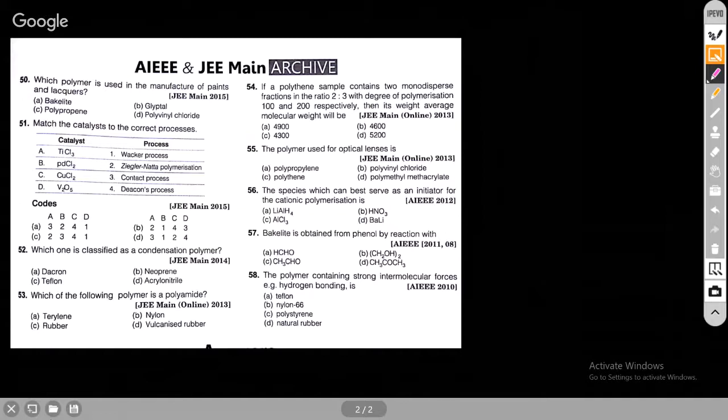Question number 50, B is correct. Uses also I have given in the classes. This is there in your notes. What is 51?